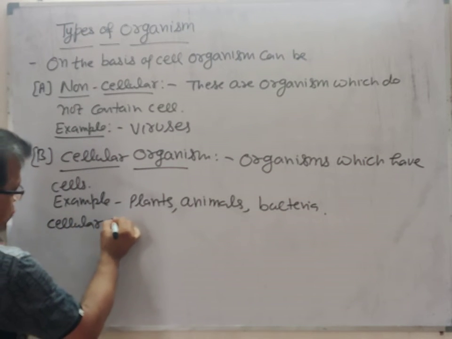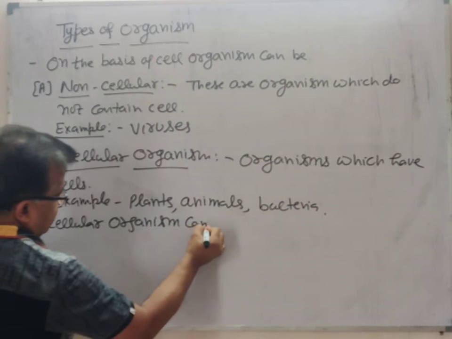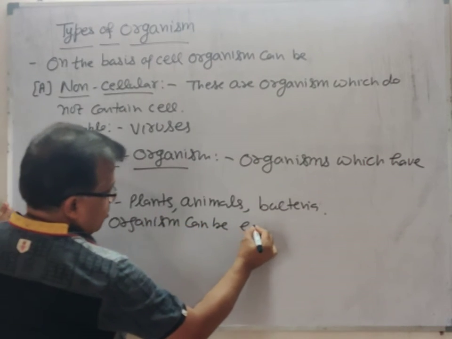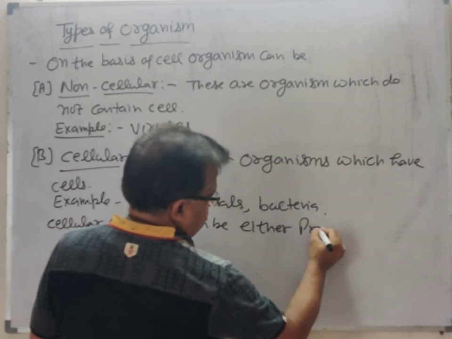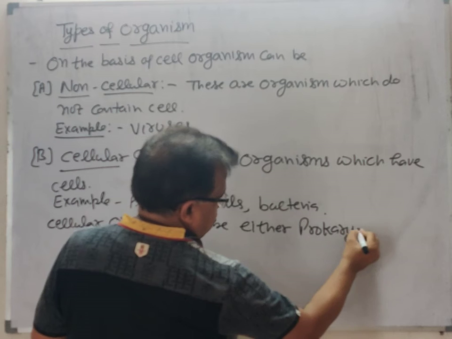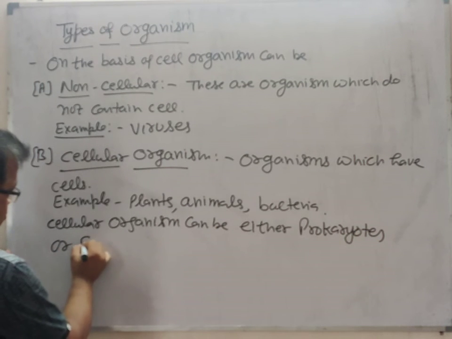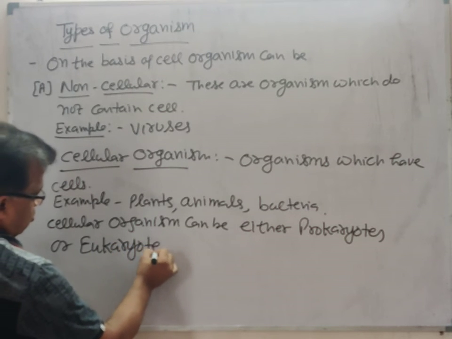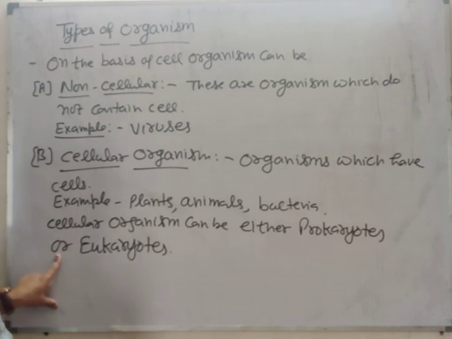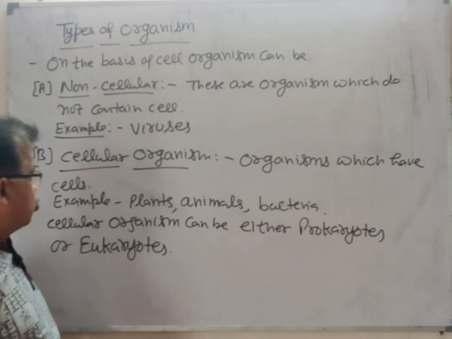Cellular organisms can be either prokaryotes or eukaryotes. So we shall divide the organism into two categories, prokaryotes and eukaryotes.